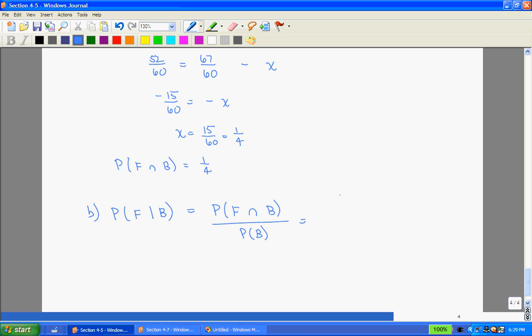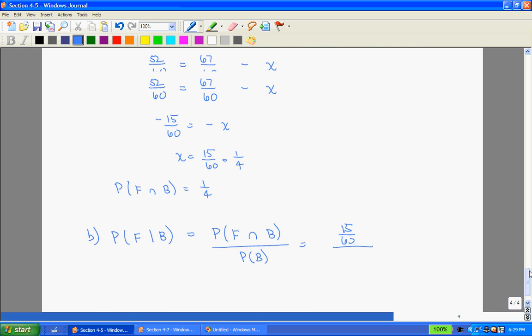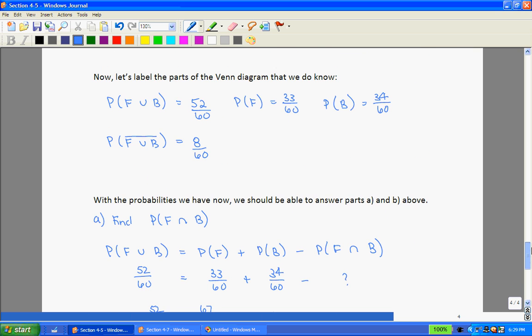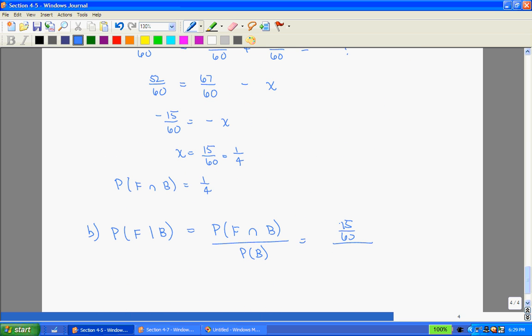Well, we found the probability of the intersection, that's 1/4. Over, and I'm actually going to put that back in before I reduced it, so that it will be easy here to simplify. So 15/60ths over the probability of B, which we said was 34/60.